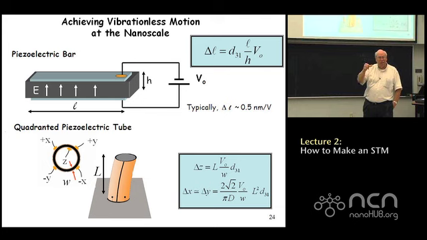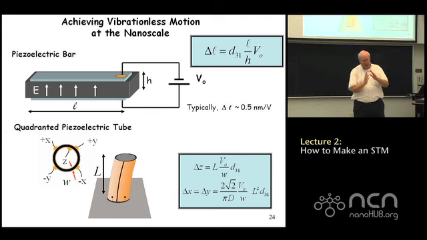And depending on the quadrants that you bias with an external voltage, the tube will slightly bend one way or another, right? So if you want to raster a sample in X and Y, it requires you to apply a sequence of voltages to the X and Y quadrants of this piezoelectric tube, and then the piezoelectric tube bends faithfully.